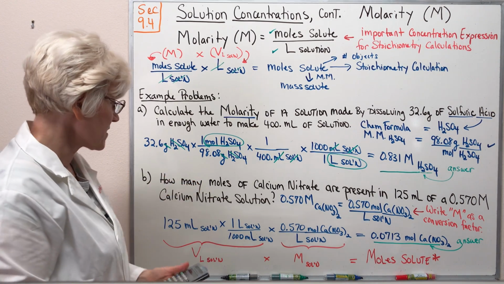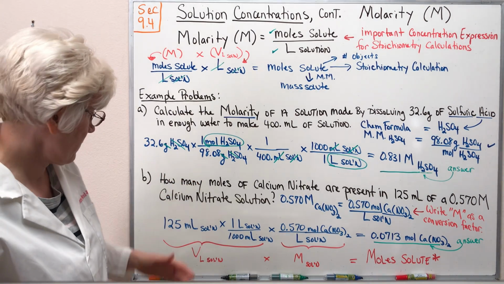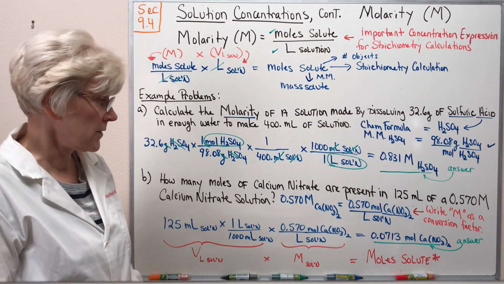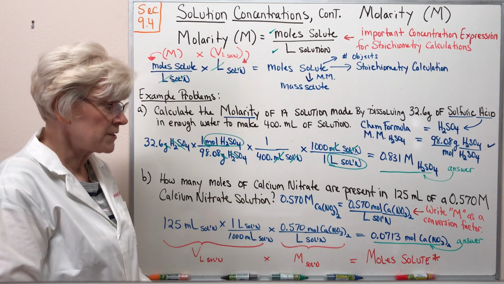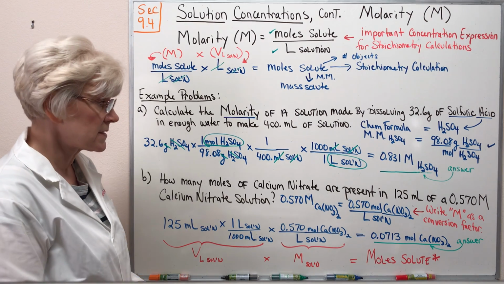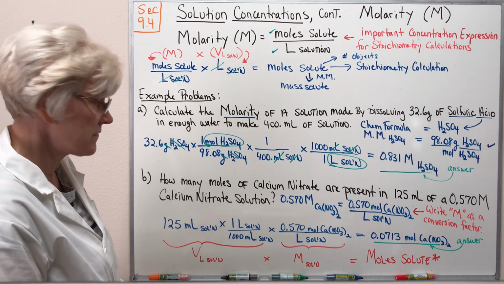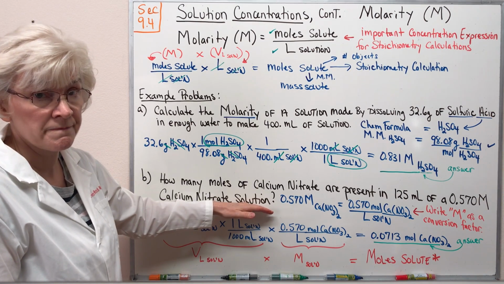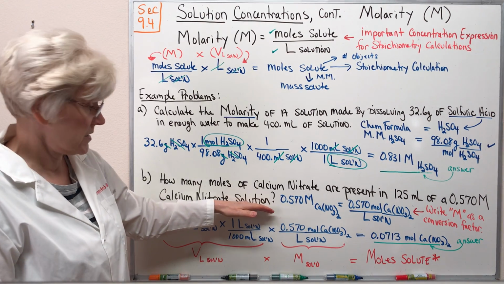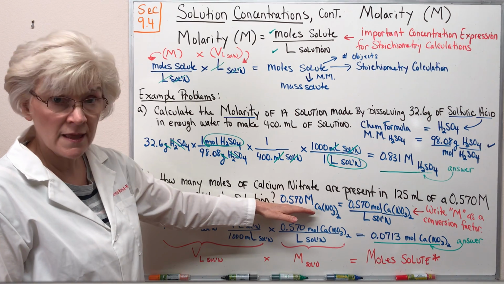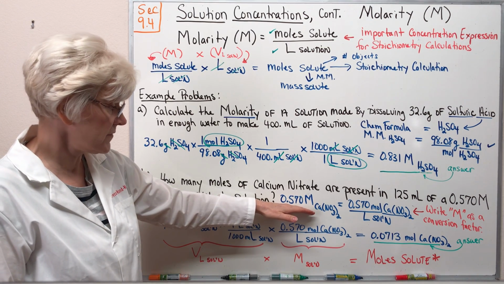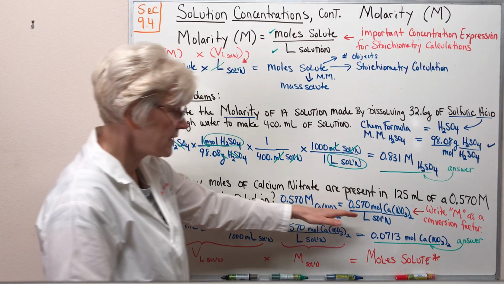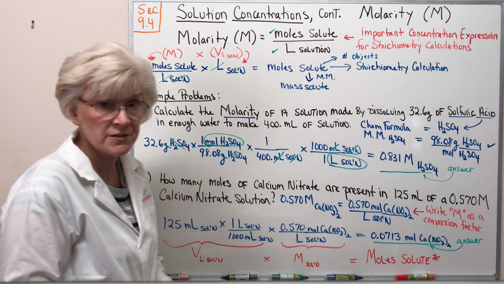Let's take a look at our second molarity problem. How many moles of calcium nitrate are present in 125 milliliters of a 0.570 molar calcium nitrate solution? The key to solving this problem is to be able to take that molarity, the 0.570 molar calcium nitrate, and write it like a conversion factor.